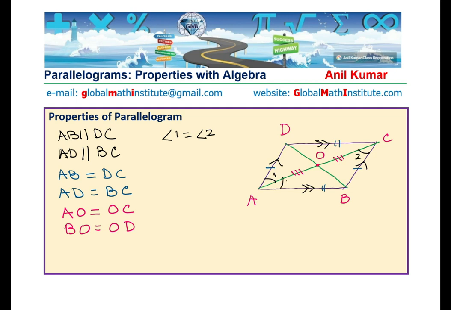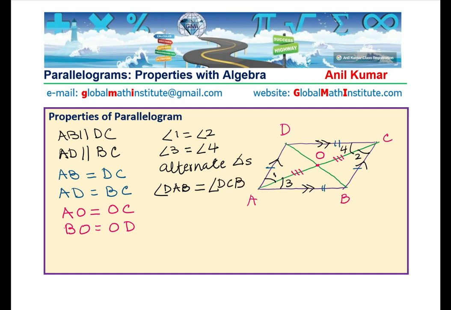Similarly, we can see angle 3 is equal to angle 4. So these are alternate angles. Correct. Now, that also means that angle DAB should be congruent to angle DCB, right?